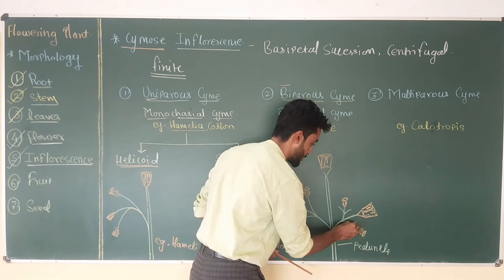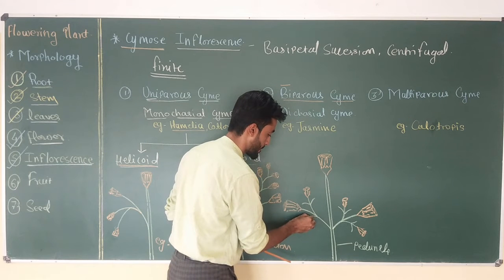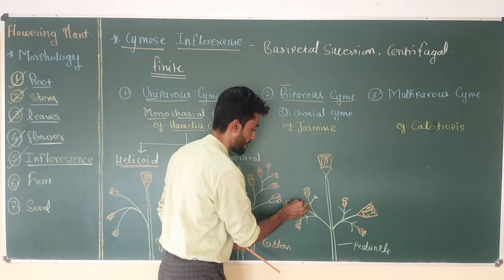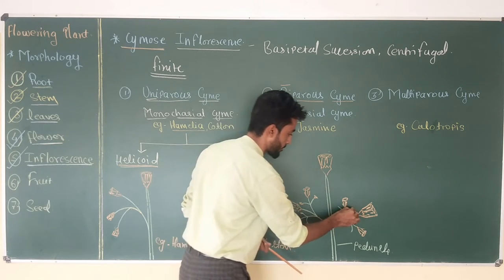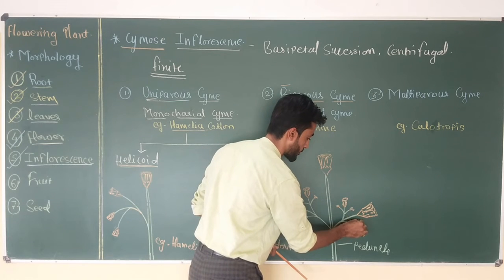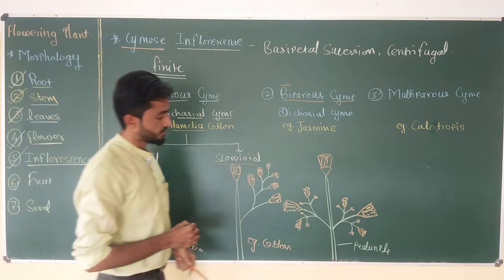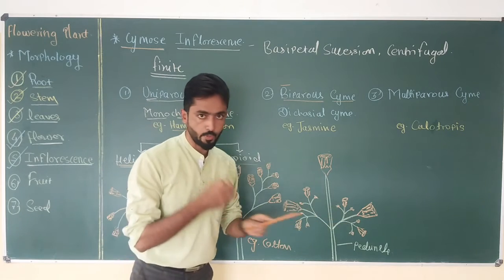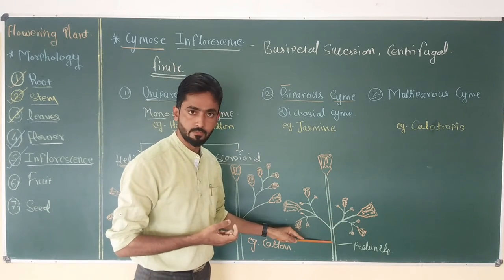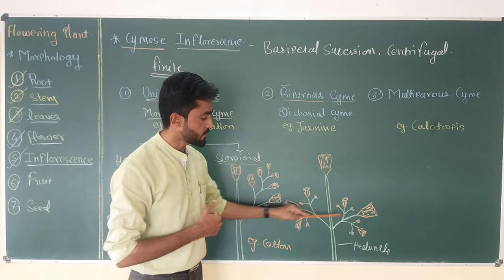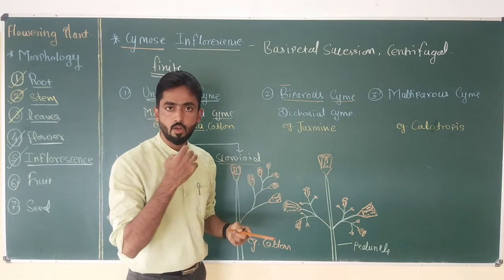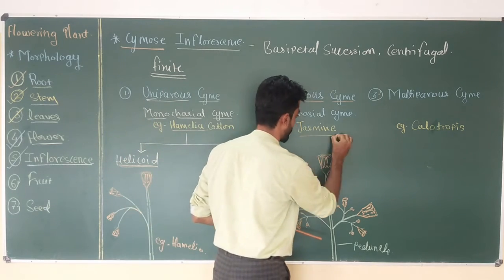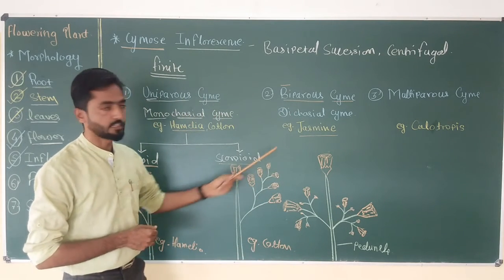Okay, so two branches will be produced from each previous branch, and each branch also has flower. So this is the characteristic feature of biparous or dichasial cyme, in which two branches are produced simultaneously from the main axis. Okay, and the pattern continues, and each branch has younger flower on the terminal or on the tip. Okay, and an example of the plant in which this type of inflorescence is found is jasmine.